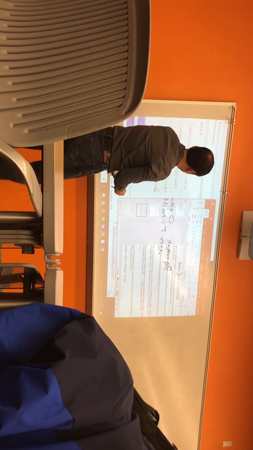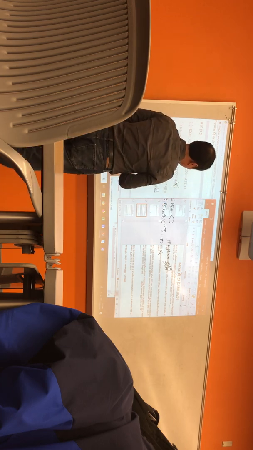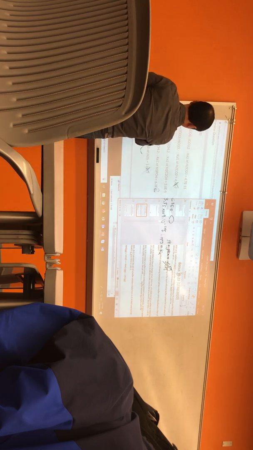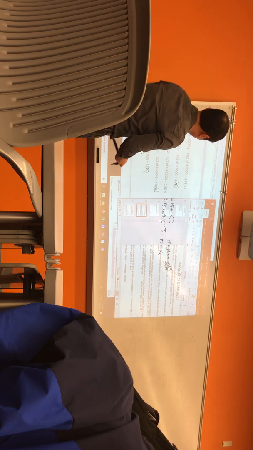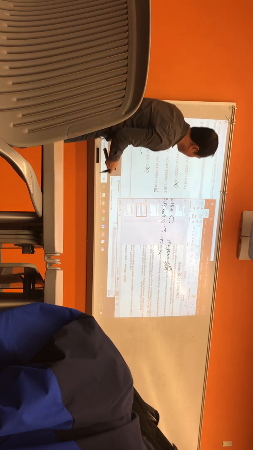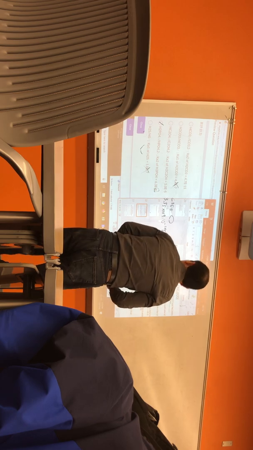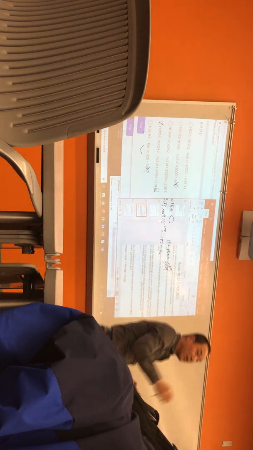And the 7 will be even more above. So 7 doesn't count. So that should be this one. Now that's from calculation. What are they asking? Oh yeah, just from calculation. That should be this one.